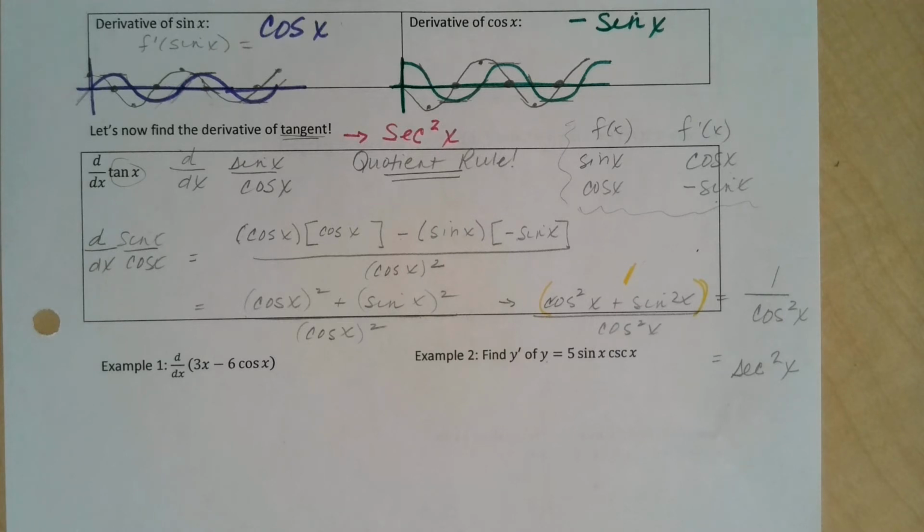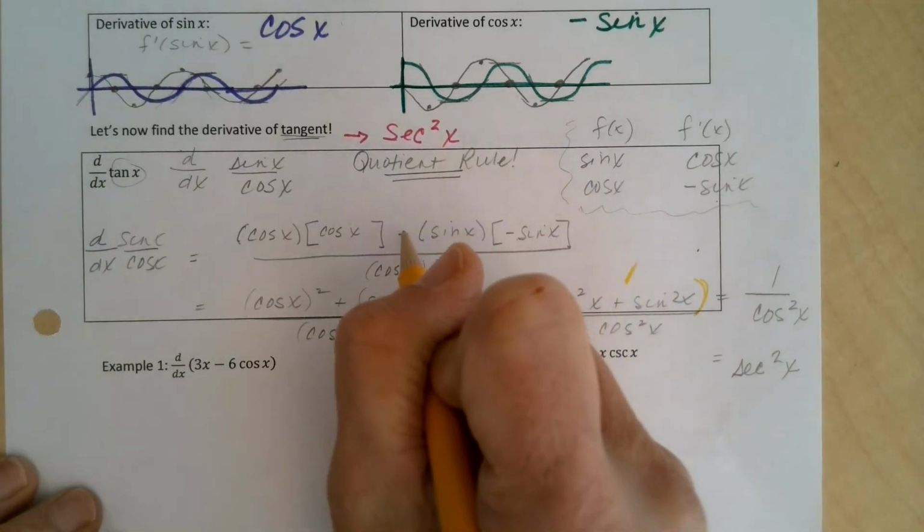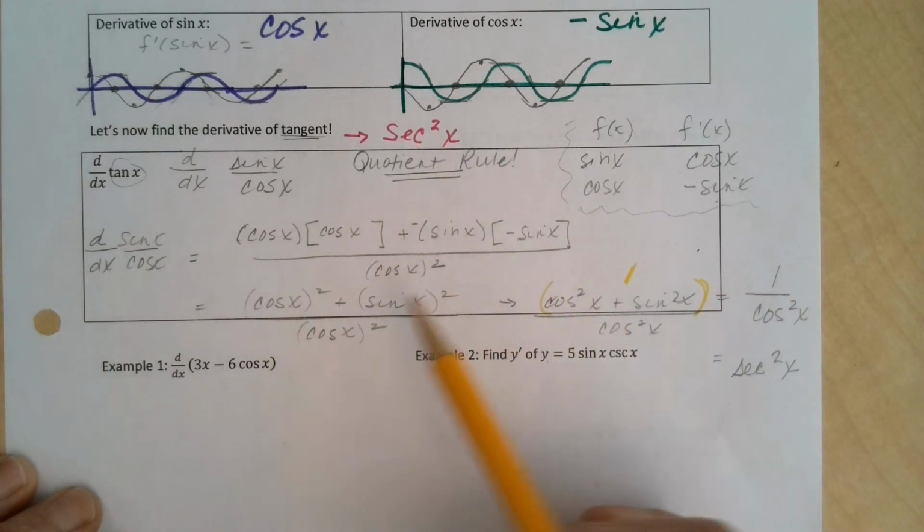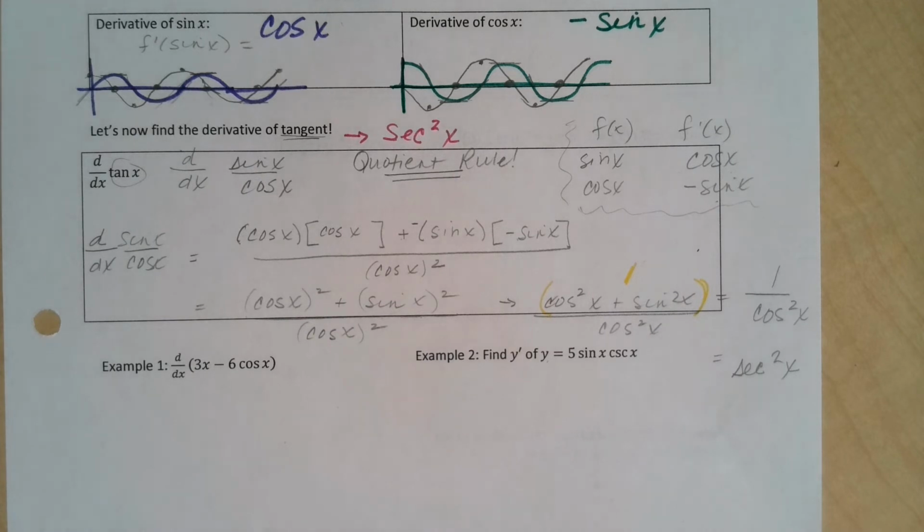So this is minus this product. So this is going to be negative, and then it's minus a negative, it's plus a positive. You could also think of it, if you wanted to, as a negative times a negative as a positive. Either way, it justifies that sign change.